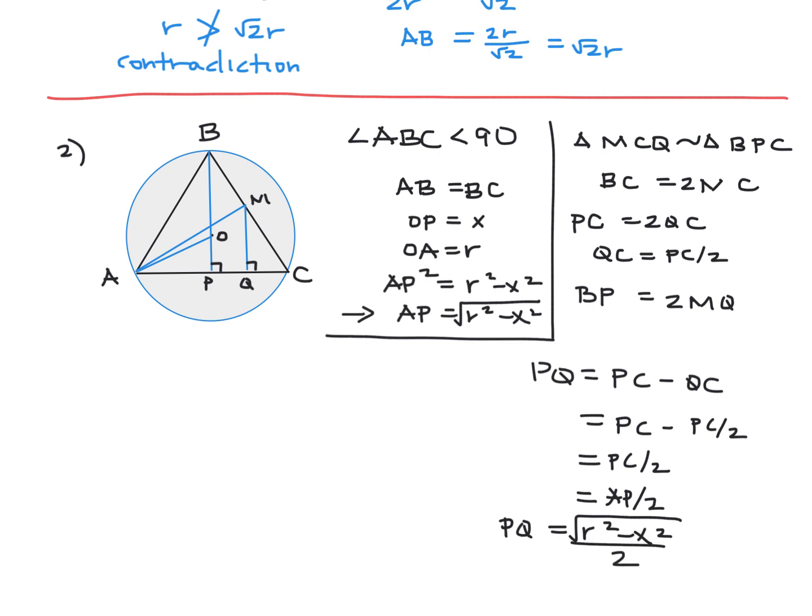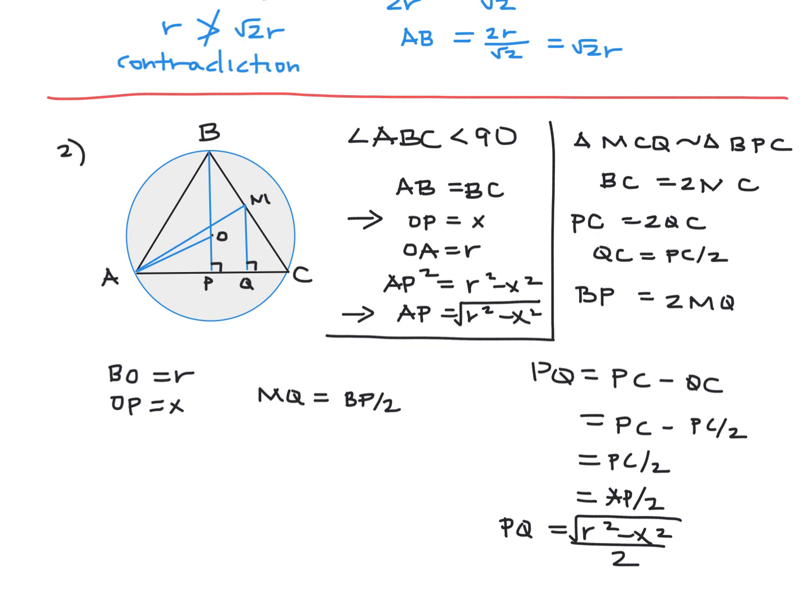And then we also know that B to O is the radius. And O to P, well, we had labeled that as x over here. So therefore, let's see here, M to Q would actually be BP over 2.